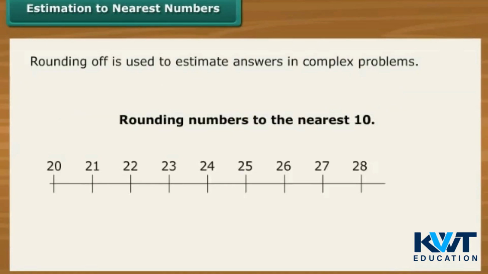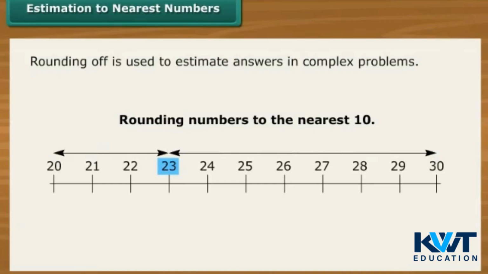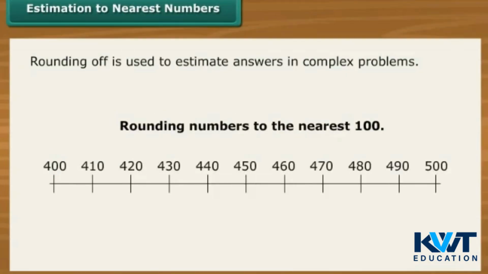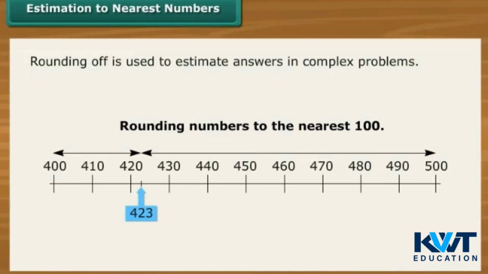Rounding numbers to the nearest 10 means finding which 10 they are nearest to. For example, 23 rounded to the nearest 10 is 20. Rounding numbers to the nearest 100 means finding which 100 they are nearest to. For example, 423 rounded to the nearest hundred is 400.